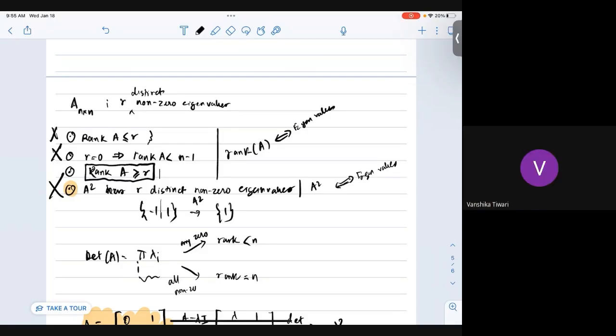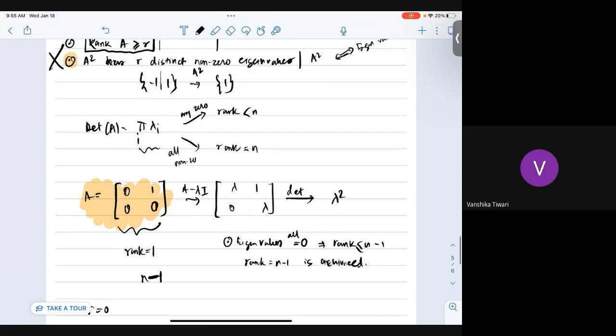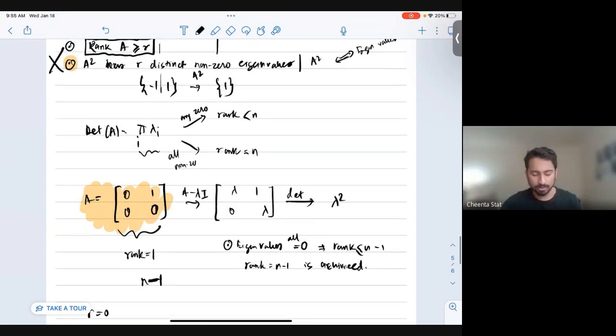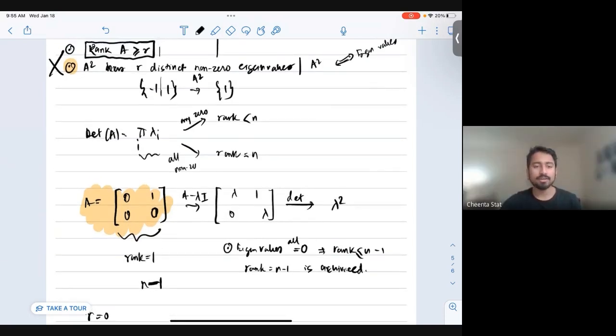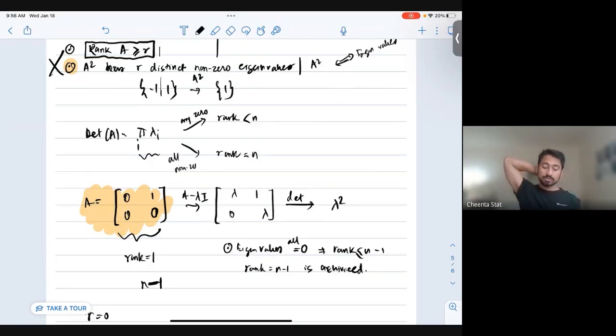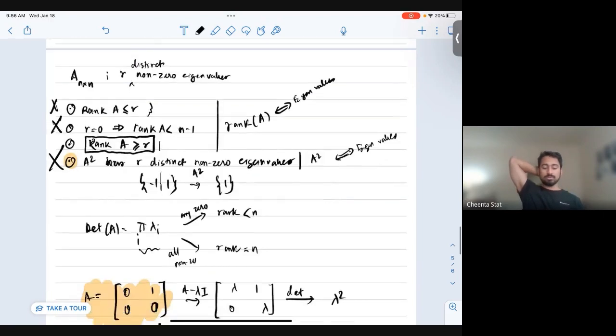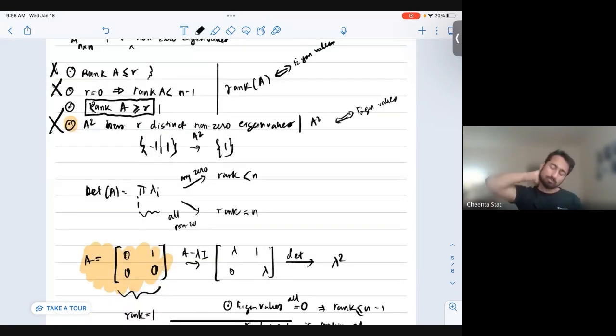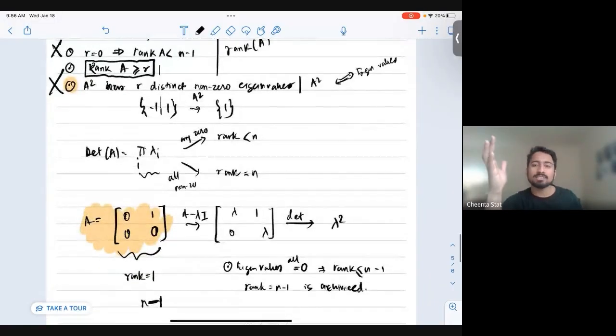Sir, number of non-zero eigenvalues, we have two non-zero eigenvalues, right? 1 and 1. No, I changed the A, right? Oh, okay. Otherwise, this couldn't have been shown. Okay. So why is rank greater than or equal to R for R non-zero eigenvalues?